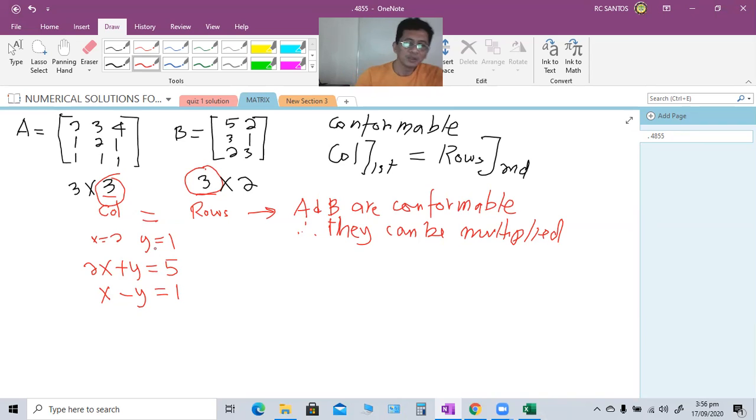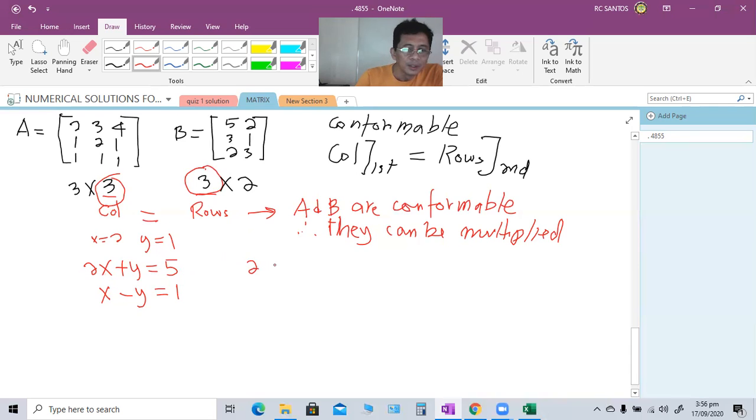Paano ba ginagawa yan? Ito kasi yung we separate this, the coefficient from the unknowns. Ito yung ginagawa. So this is 2. We have the matrix of coefficients. The coefficient of x is 2.